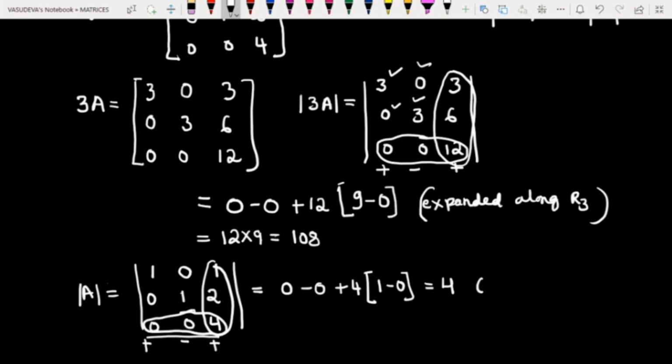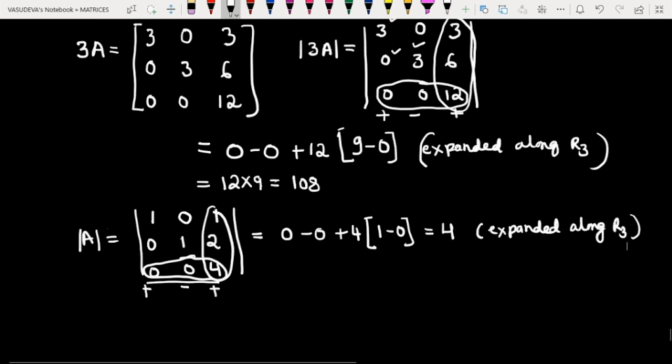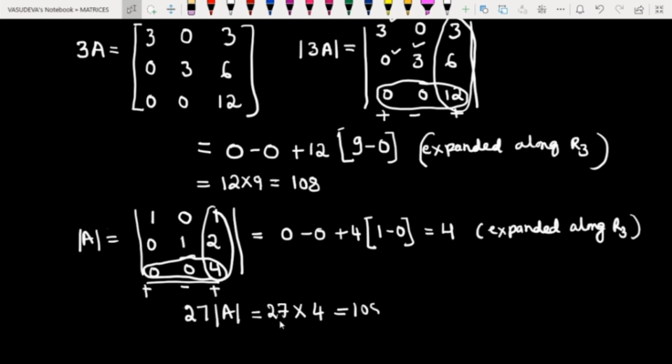Here we have expanded along R3 again. So now 27 into the determinant of A is 27 into 4, that is equal to 108.